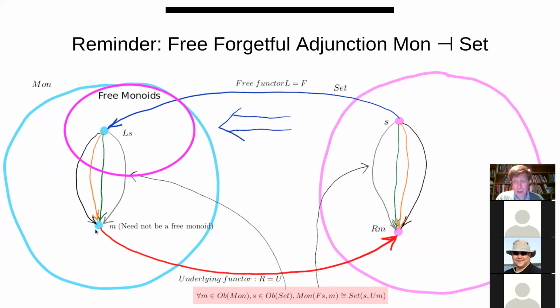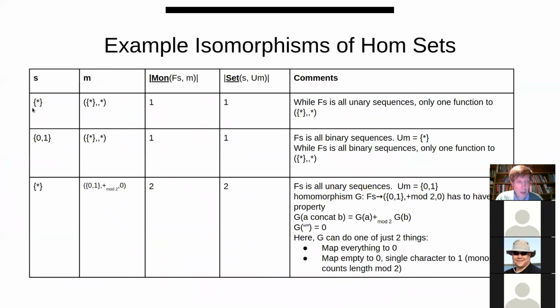Well, it turns out that there's only one possible function which does that. It maps the empty to the unit, and it maps everything else to the unit too. The single element. So there's only one.